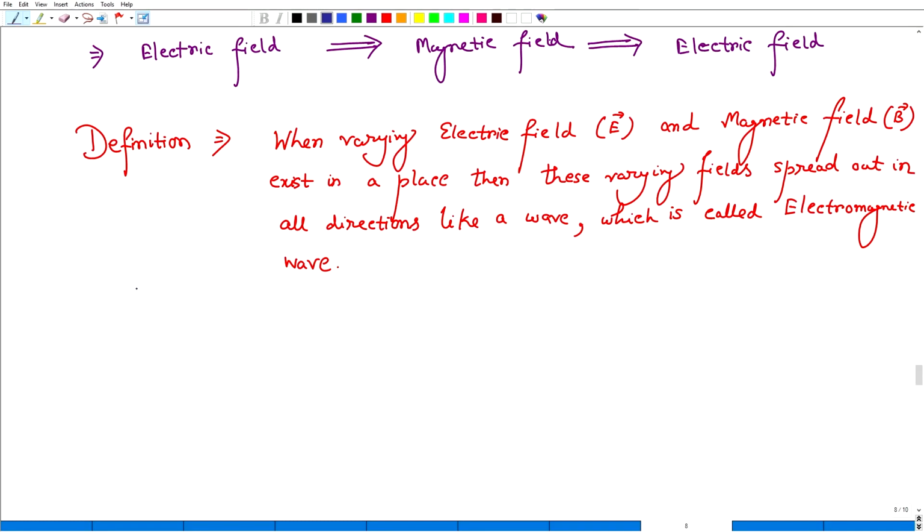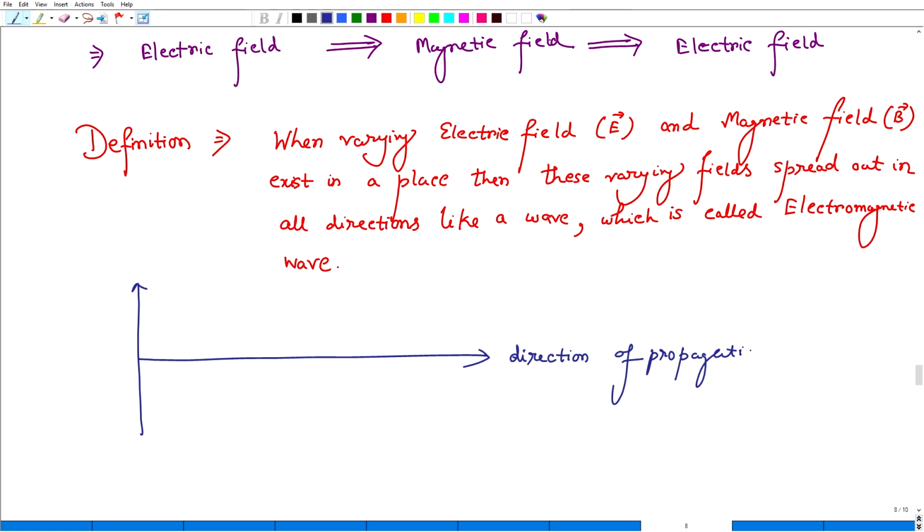We have already drawn that, let me draw it again. This is our, let's say, direction of propagation. I am not repeating the calculation. Here the electric field is oscillating that way, and here it is the B.